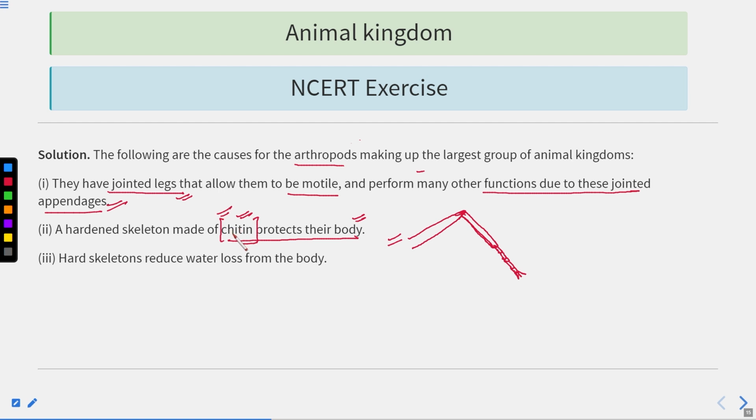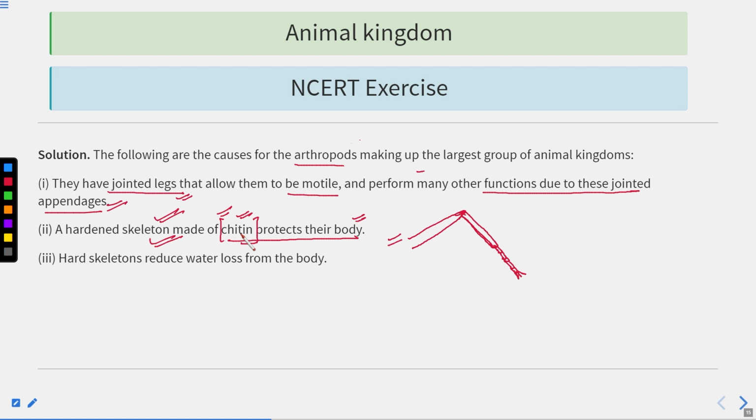Now, this chitin is making the exoskeleton, okay, exoskeleton of the arthropods. So they have the hardened skeleton made up of chitin. This you have to remember. Now, the hard skeleton reduces water loss from the body. Okay, so their body has this hard skeleton, and that can reduce the water loss from the body.